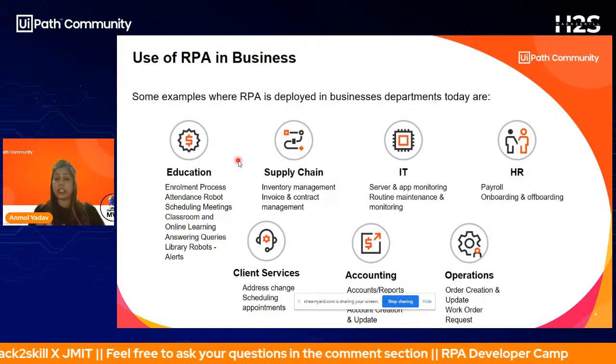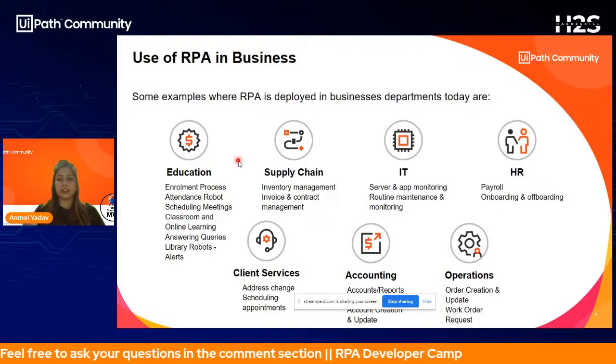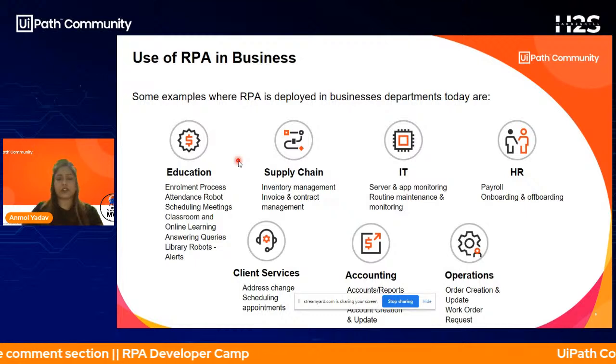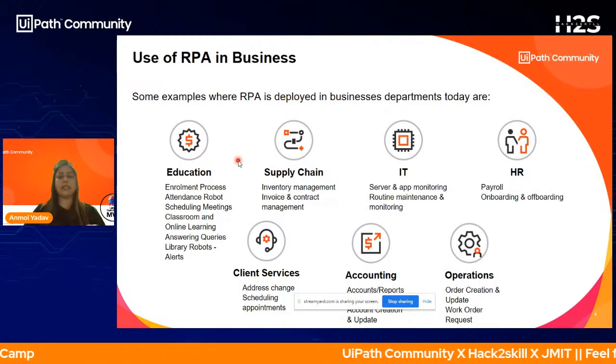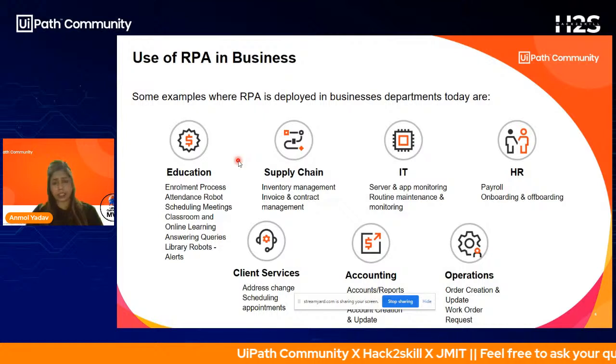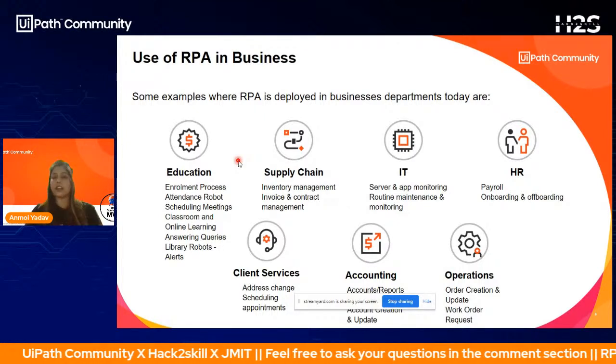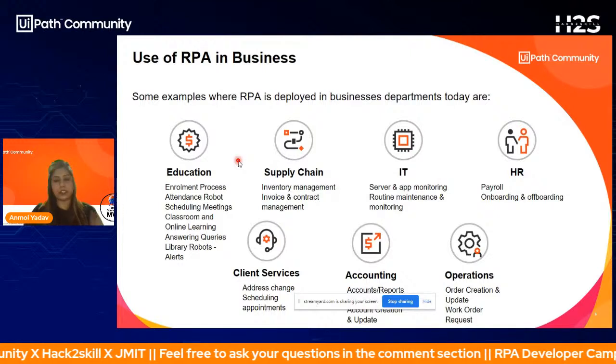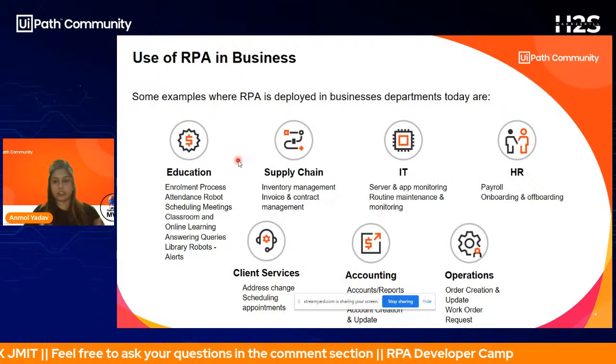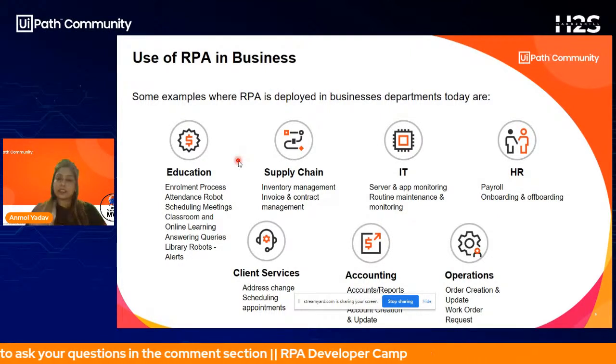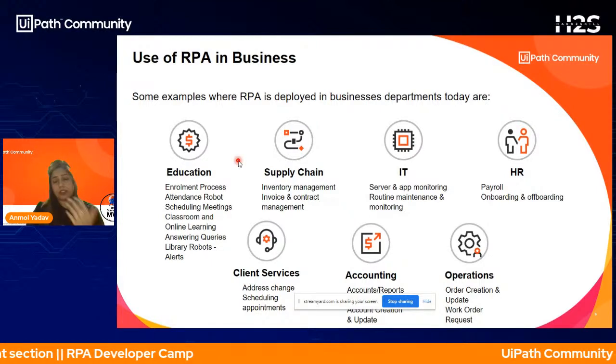If the response is not coming at a certain interval of time, it can send out an email notification to all the users stating that as of now the server is down, and it would be up and running in, say, the next 30 minutes or next hour. And when the server is up and running again, it can send out another email notification saying everything is up and running and you can continue with the task. That is again one of the monotonous tasks in the IT sector which, instead of a human doing it, a robot can do.